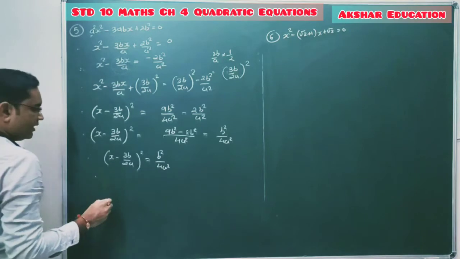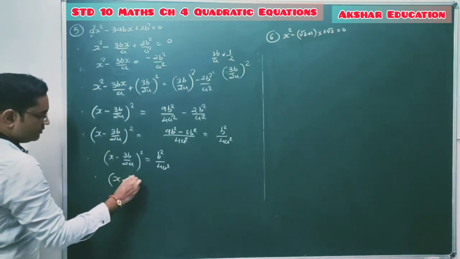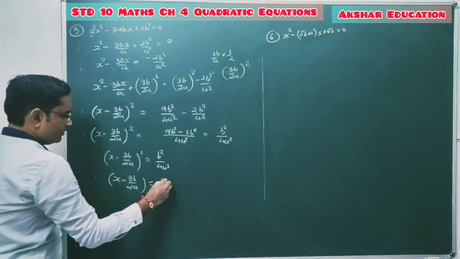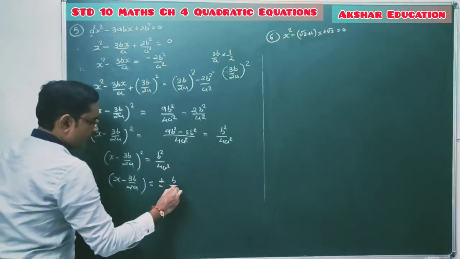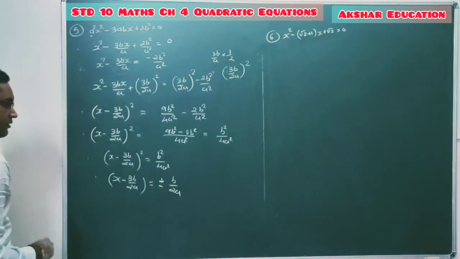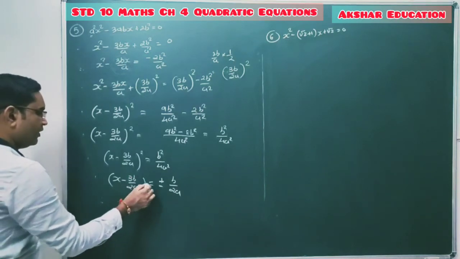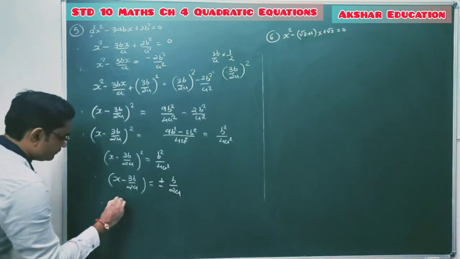Taking square root on both sides, it will be plus or minus square root of b square upon 4a square, which is b by 2a. So our solution is x minus 3b by 2a equal to plus b by 2a or minus b by 2a.